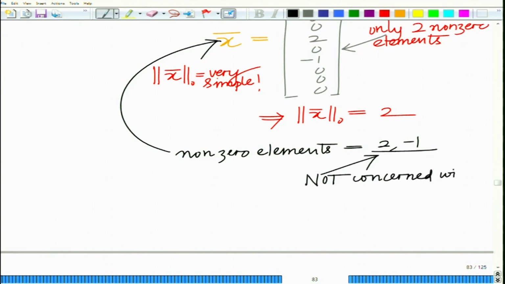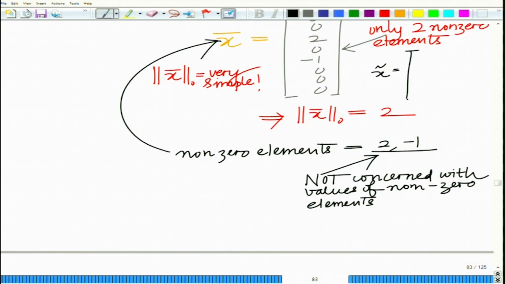This is strange. For instance, this could have been 2 comma 1, and if you have another x tilde which is 0 0 3 0 5 0 0 0, with non-zero elements 3 comma 5, the L0 norm of x tilde is also 2.